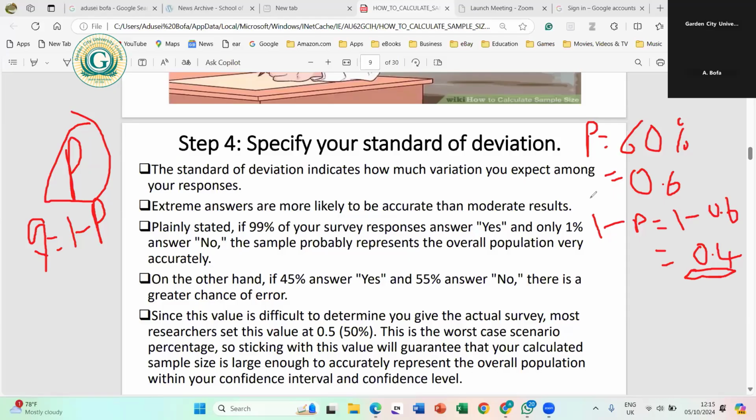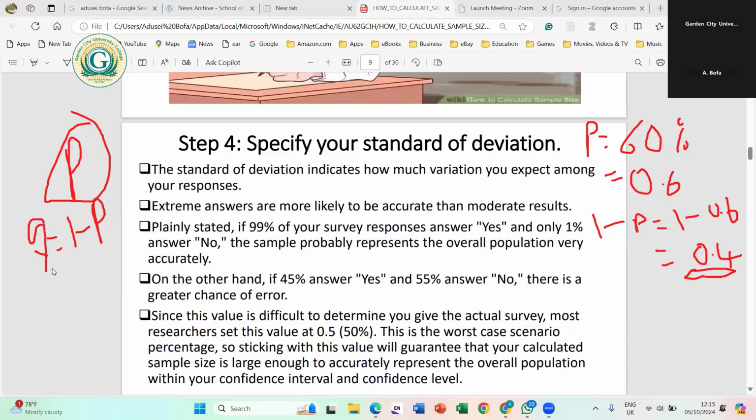As I said, it's not easy to predefine that. If you are fortunate that in a previous research, someone did the work and has information that the rate of malaria in Garden City is 50%, or let's say 70%.